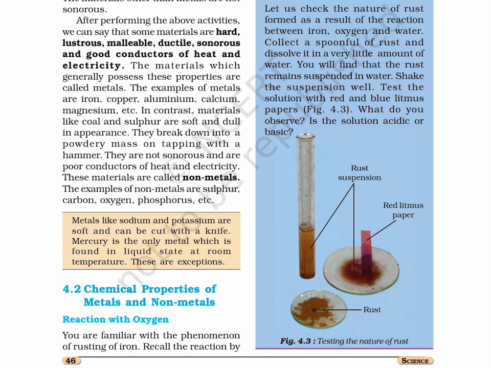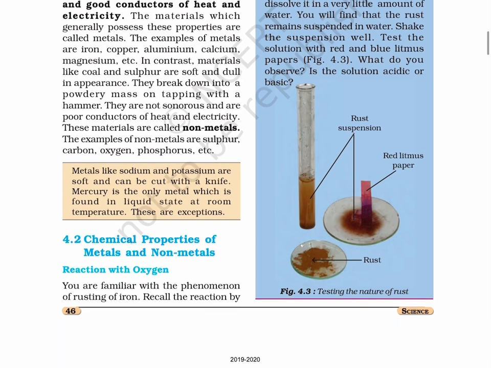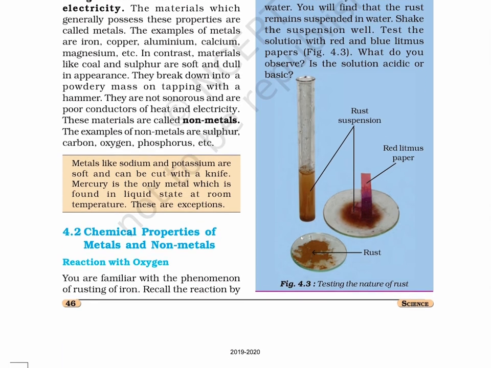Collect a spoonful of rust and dissolve it in a very little amount of water. You will find that the rust remains suspended in water. Shake the suspension well. Test the solution with red and blue litmus papers, as shown in figure 4.3. What do you observe? Is the solution acidic or basic?